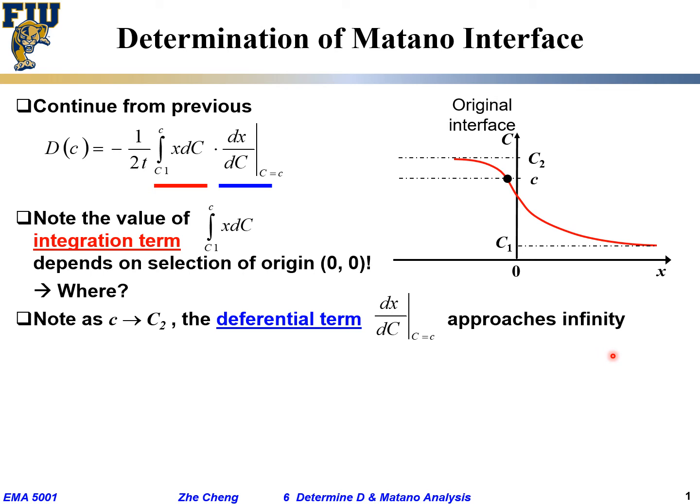Infinity. Make sense? When c goes towards c2, when it goes towards the very, very left, my local slope is what? 0. But remember dx over dc is the inverse of slope. If my slope is 0, my inverse of slope goes towards infinity.